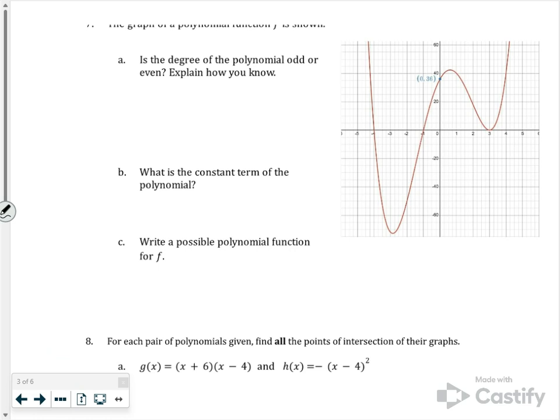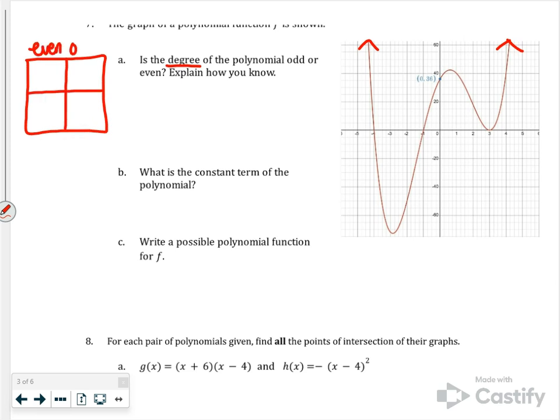So number 7, the wording cut off on my paper, but this is saying the graph of a polynomial function is shown. So one thing we want to start looking at is the fact that these arrows are up, up. And when they ask us about question 1, degree, well, now we need to draw that box again. And because I have 2 up arrows, I'm really only focused on one of these boxes. So this up, up pattern is even and positive, and a negative leading coefficient would give us a down-down pattern.